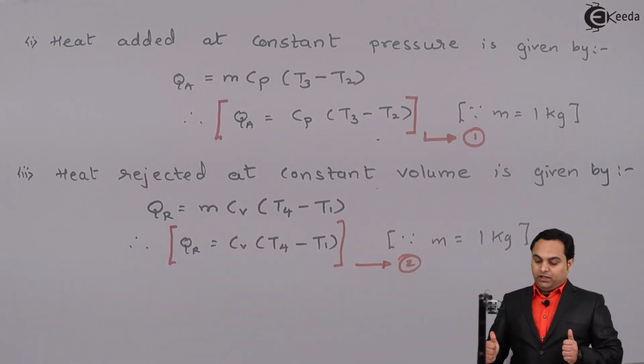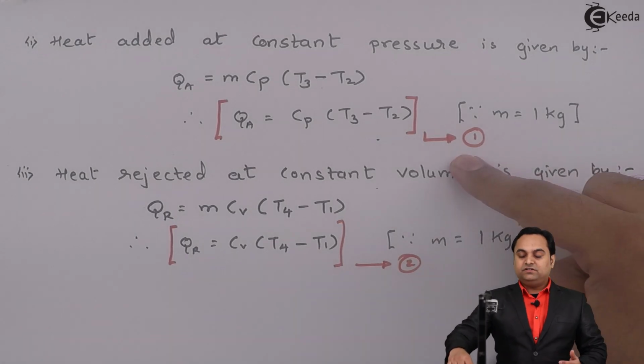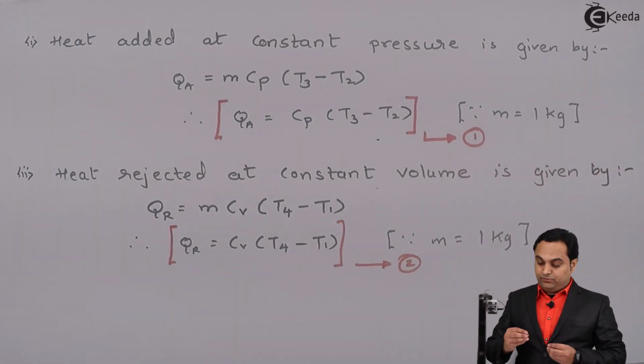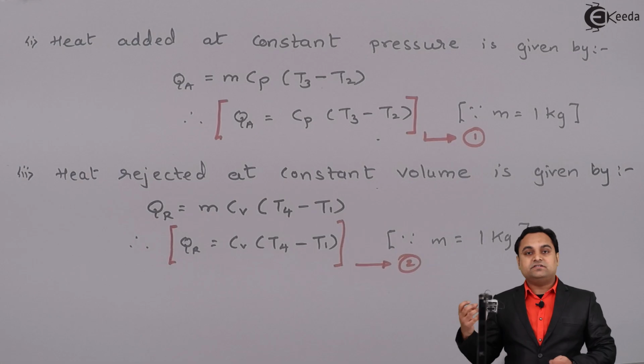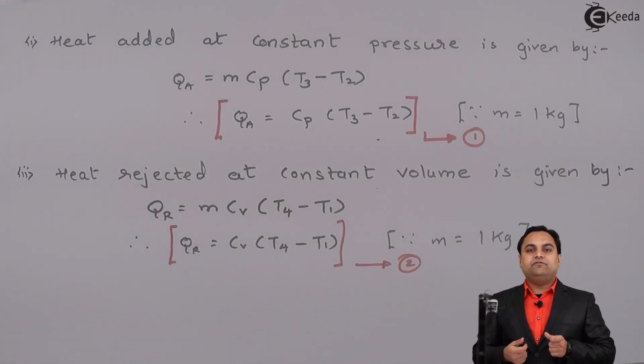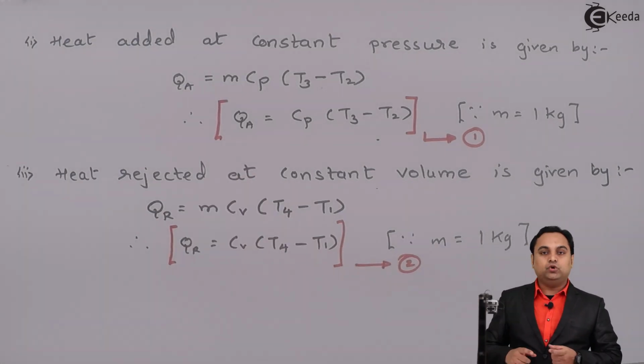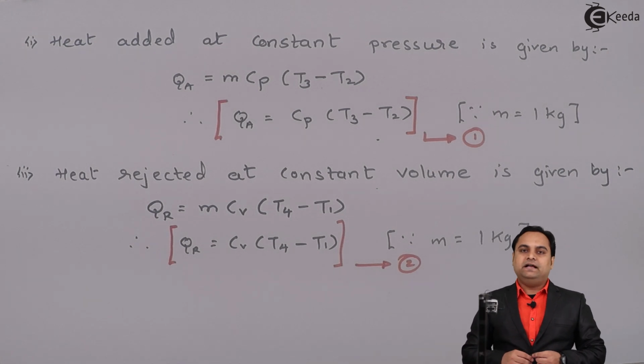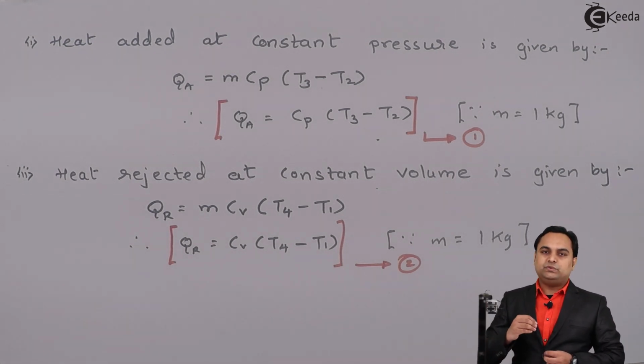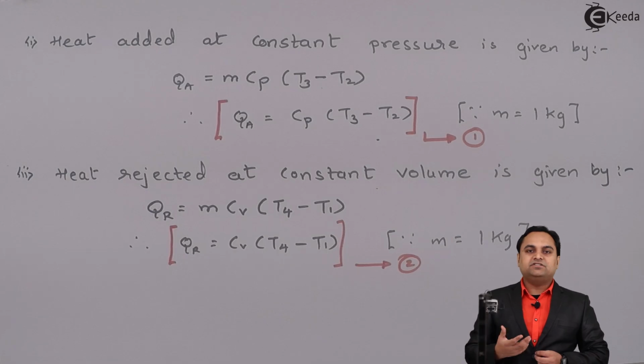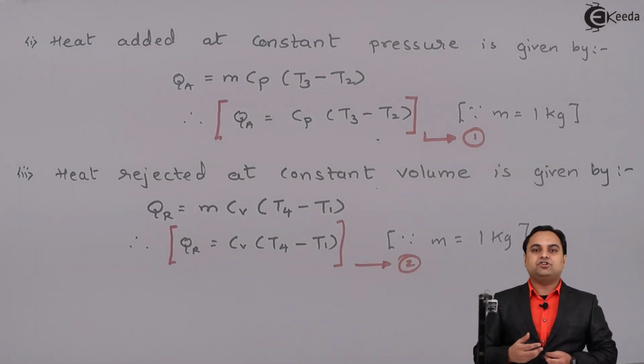Now if we are adding some amount of heat, and from that if we are rejecting some amount of heat, then the difference, that is QA minus QR, would be called the work which we are getting from the system, that is the work we are getting during the expansion process.